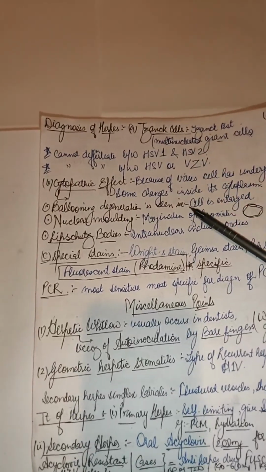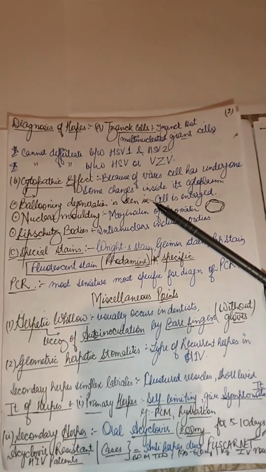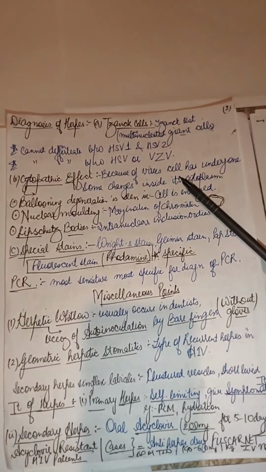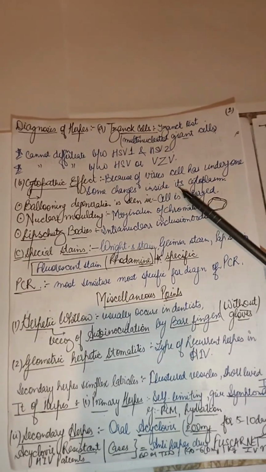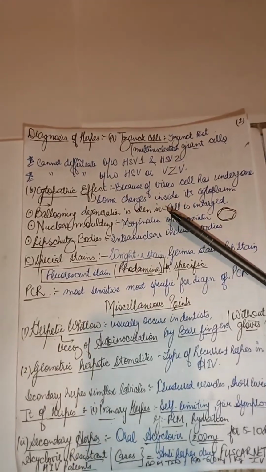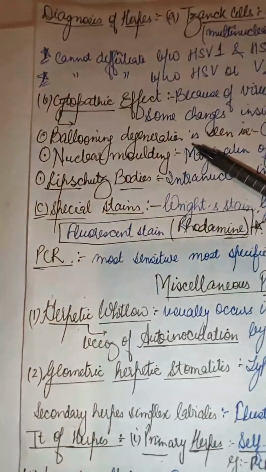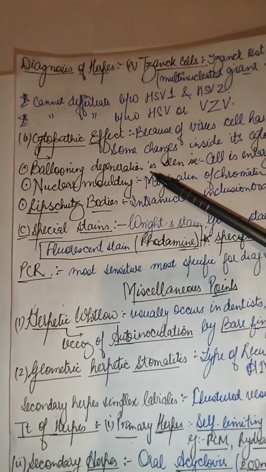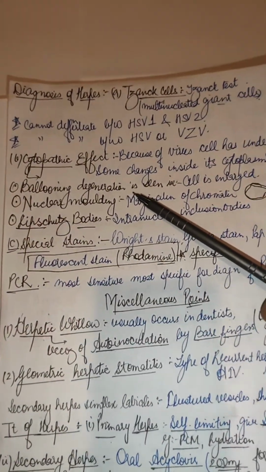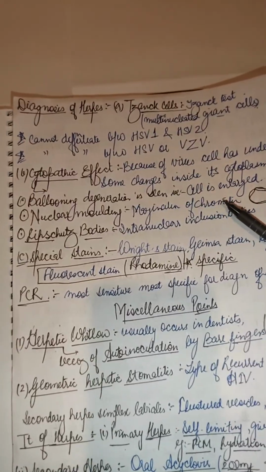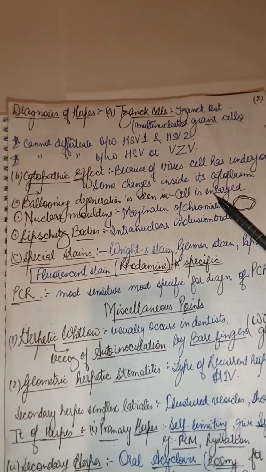Next, the diagnosis is by the cytopathic effects, because the virus has caused some changes inside the cell. Certain cytopathic changes can be seen under the microscope. The first very important one is ballooning degeneration, in which the cell is enlarged.